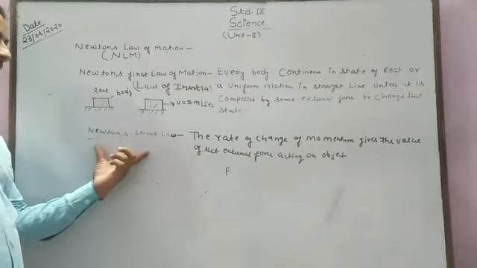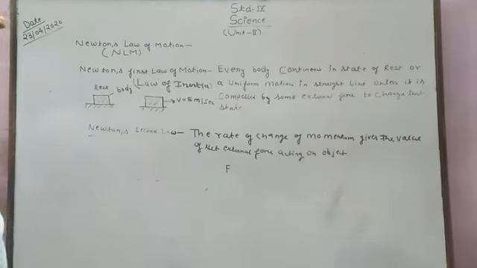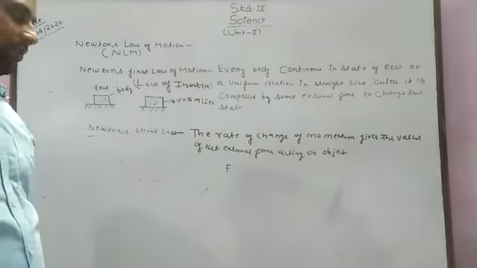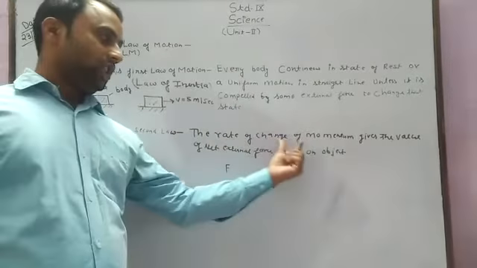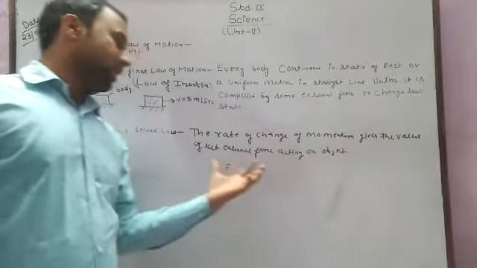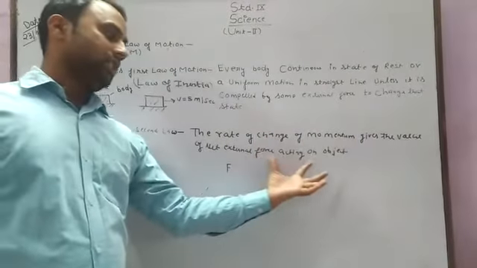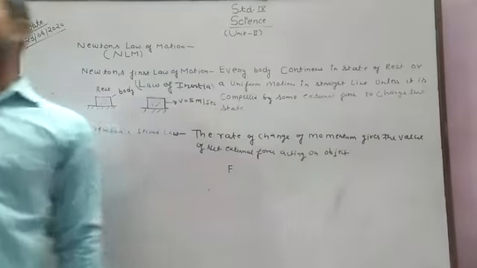Now we are discussing the second law of motion. How can we define it? The rate of change of momentum gives the value of the net external force acting on the object.